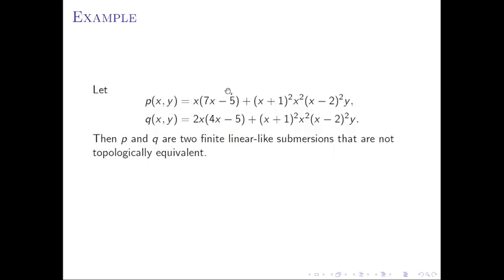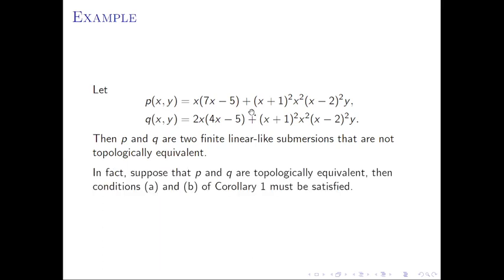So according to the last corollary, we can prove that these finite linear-like submersions P and Q given by this are not topologically equivalent. In fact, suppose that P and Q are topologically equivalent. Then, according to the last corollary, the conditions A and B must be satisfied.